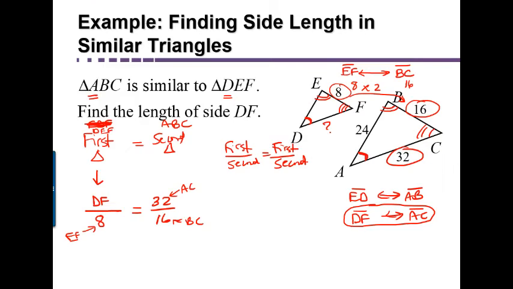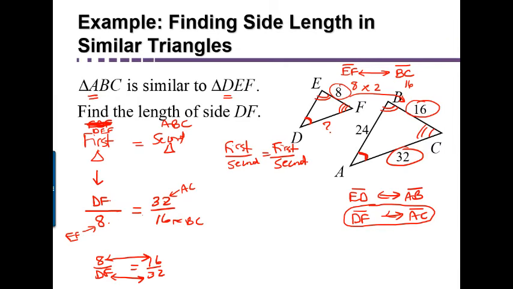So in order to maintain the proportion, it has to be that DF divided by 8 is the same as dividing 32 by 16. By the way, you also could have set it up as 8 over DF equals 16 over 32. It doesn't matter as long as you keep the first triangle on one side, the second on the other, and you keep sides that correspond.